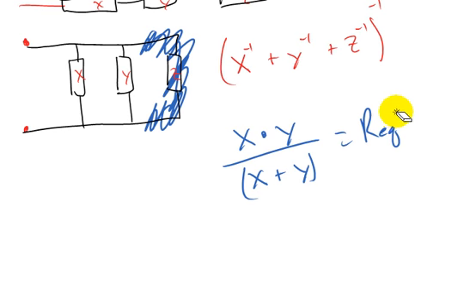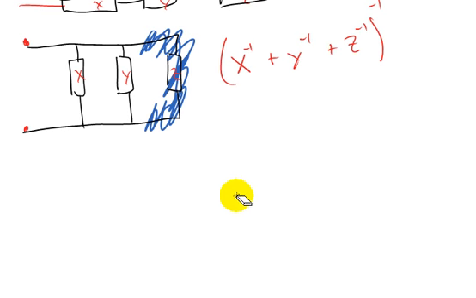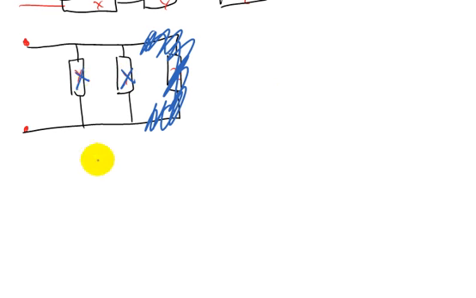You can only do that when you have 2. Another shortcut would be if you have 2 of the same things, if it's X and X, if both of these here are X, then you can just take X and divide it by 2, and you will get your Req.